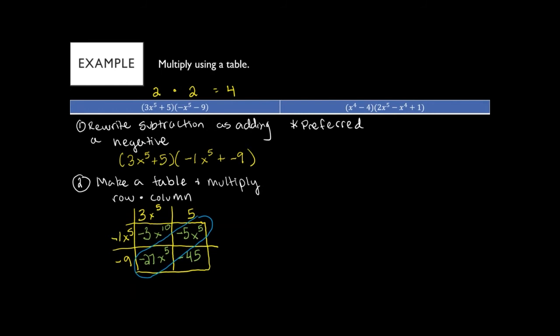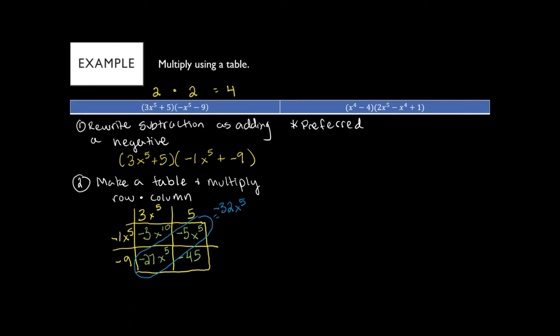So if I add those together, I get negative 27x to the fifth plus negative 5x to the fifth. And that gives me a negative 32x to the fifth. And so I can just write that number up there. And then my answer is coming from these boxes.